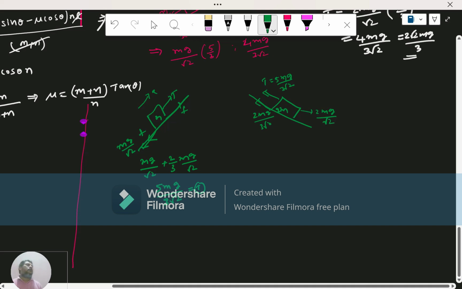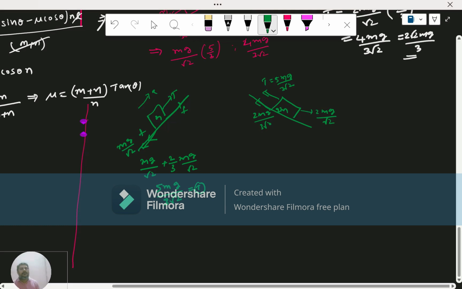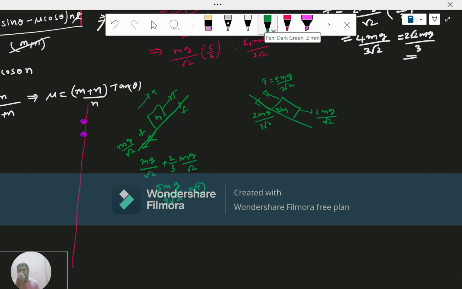So now also the blocks are not moving. Both the blocks are at rest in this case. However, tension is 4 mg by 3 root 2 I am taking, A is not moving. If tension means it is moving upwards, and calculating tension here in this case, that is equal to mg by root 2 plus mg by root 2 into 2 by 3 coefficient of friction, then 5 mg by 3 root 2 is coming.